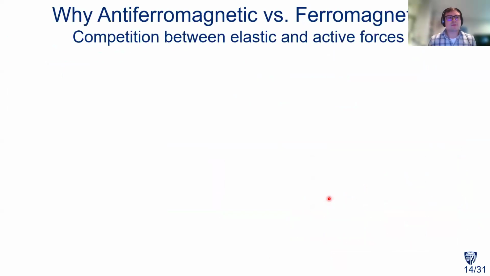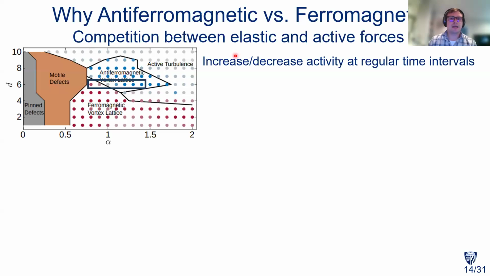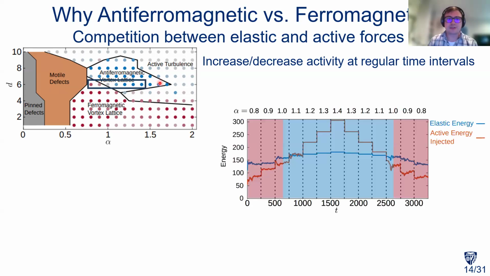To spoil it a bit, it comes down to a competition between elastic and active forces in the system. The way we determined this was by doing a single simulation that increases the activity at regular intervals across this phase boundary, and then decreasing the activity back down. We were actually initially looking for some hysteresis, and we found a little bit, but that wasn't the interesting thing.